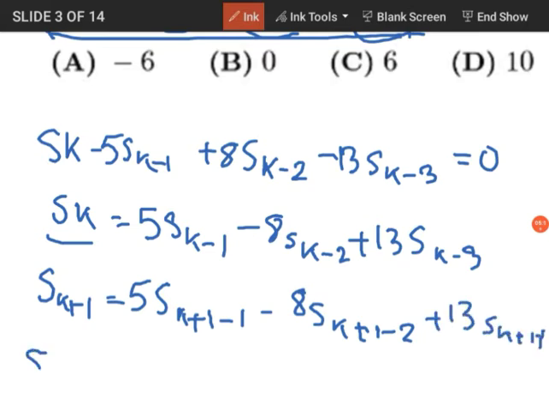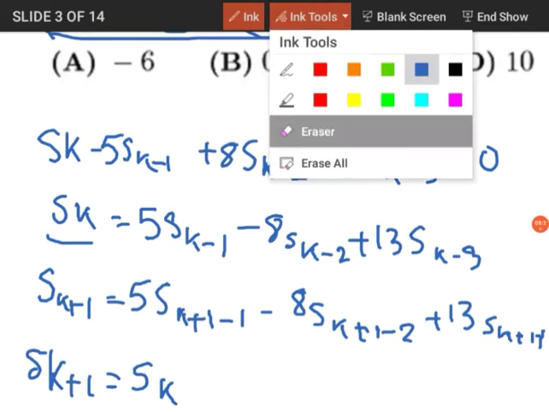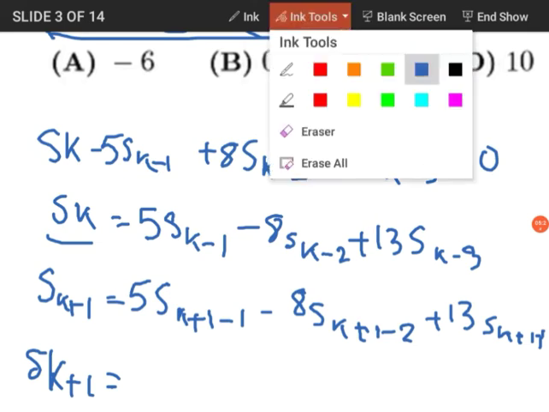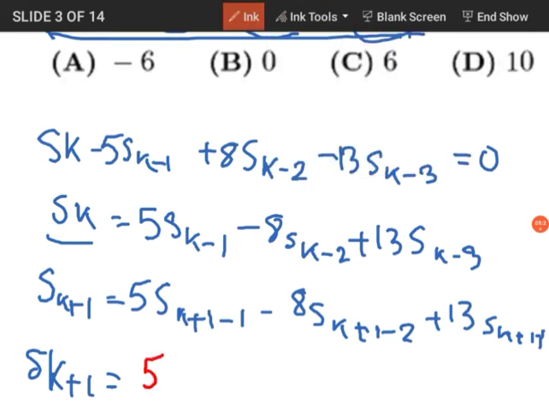So this gives us s_{k+1} equals 5 s_k minus 8 s_{k-1} plus 13 s_{k-2}.